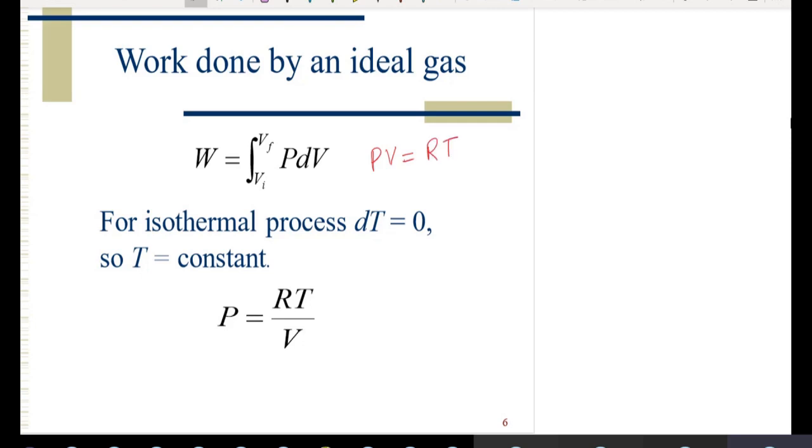Here we take n equal to 1, the number of moles is 1, so that's why there is no n inside this equation. And because the temperature is constant, whenever we do this integration from Vi to Vf, we have to take into account that the temperature of the system is constant. And we have to put the value of pressure inside this equation.